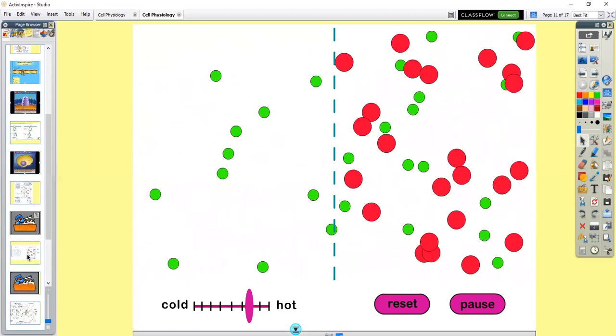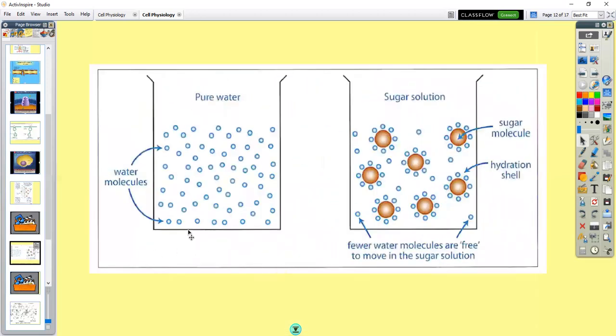Okay, in terms of water molecules moving, you can see here pure water. Okay, and then if you put sugar molecules into that water, the polar water molecules, so those H2Os, which have slightly positive and negative charges, will be attracted to that solute, or that sugar molecule that has been put into the pure water.